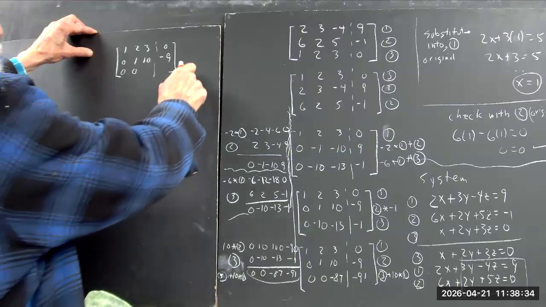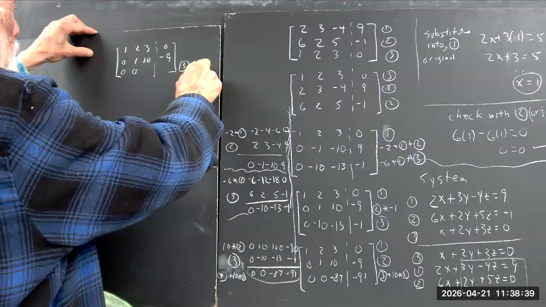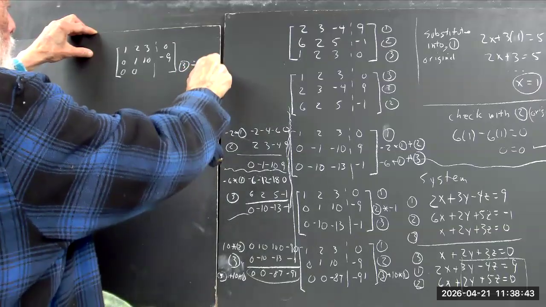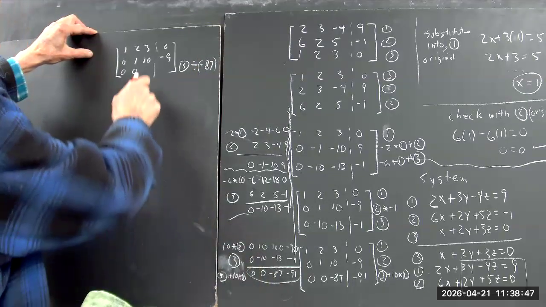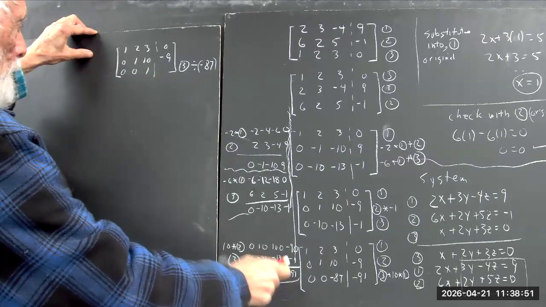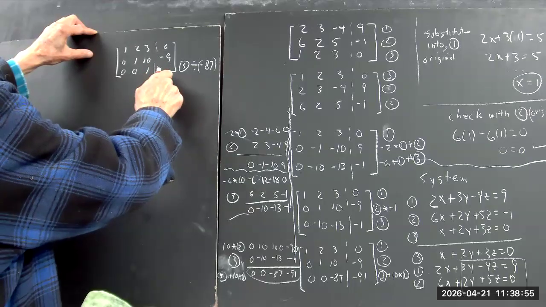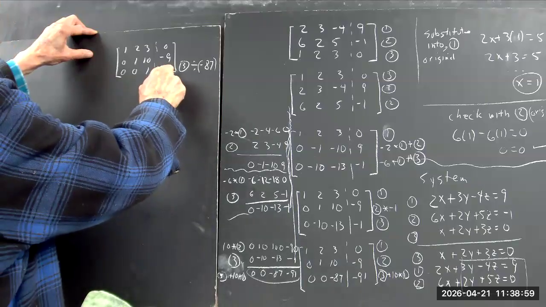But what I want to do now is I want to take row 3 and divide by negative 87. Dividing negative 87 by negative 87, I get 1. Dividing negative 91 by negative 87, I get 1.04 approximately.